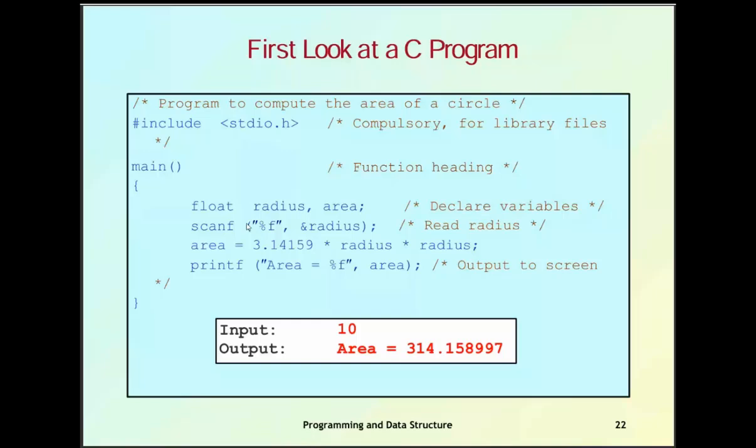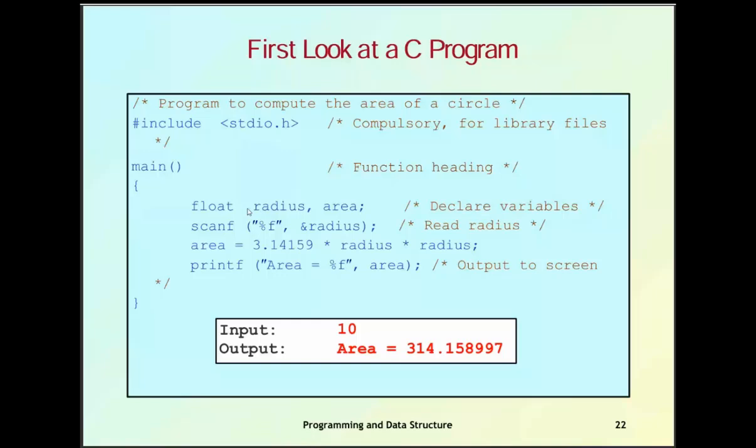Float is a data type. With that data type, we are conveying to our compiler that in this variable we are going to store a real number.